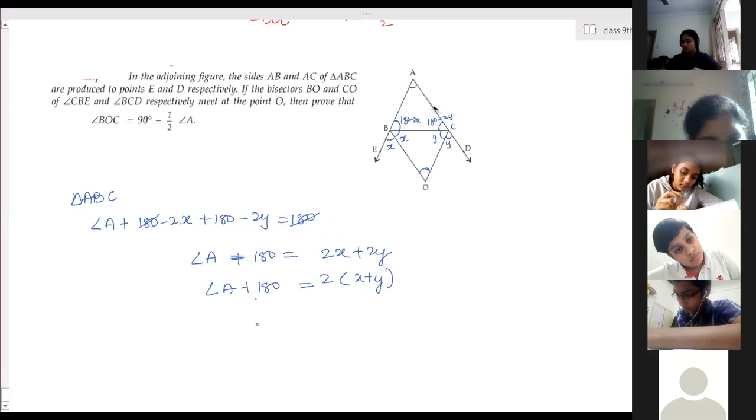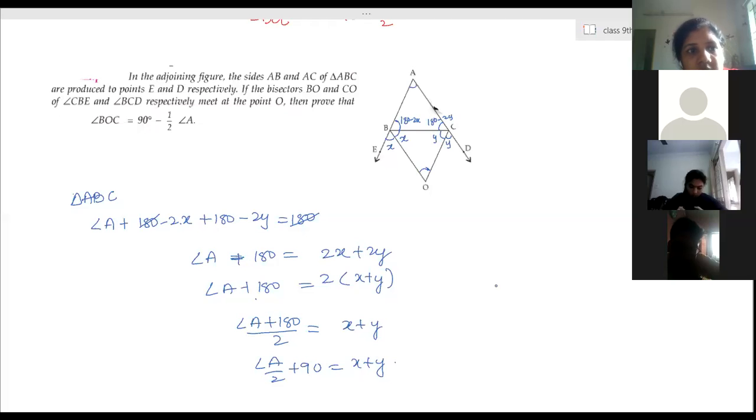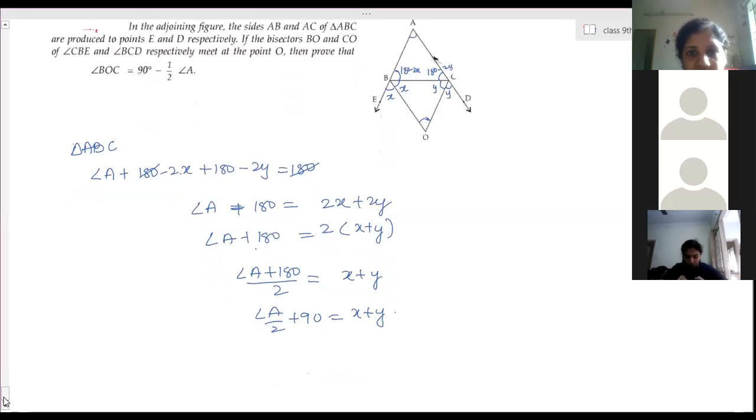This 2 will go down here: angle A plus 180 by 2 is equal to x plus y. That is angle A by 2 plus 90, this is the x plus y value.